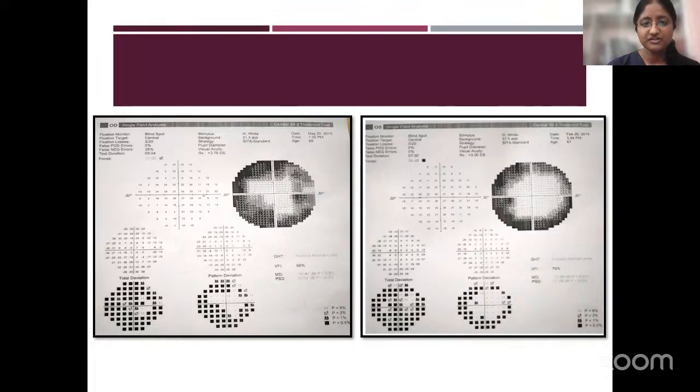The patient has been given near vision correction.